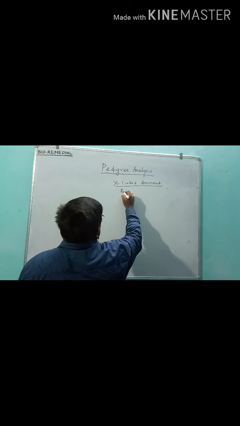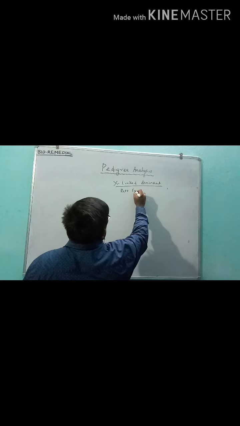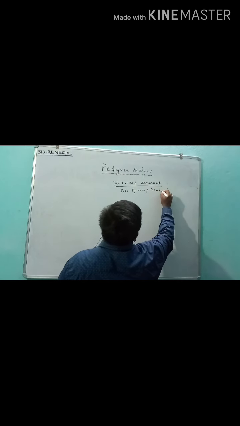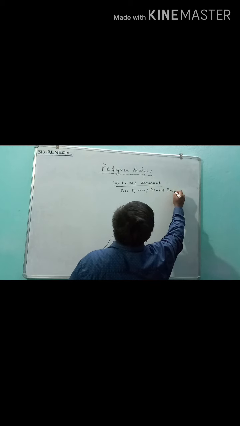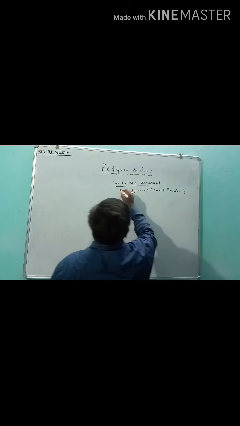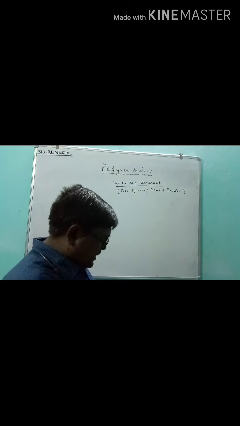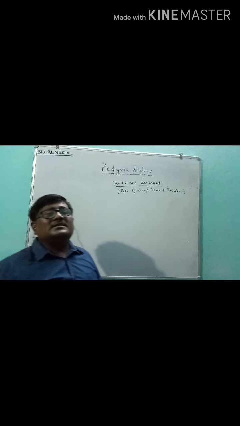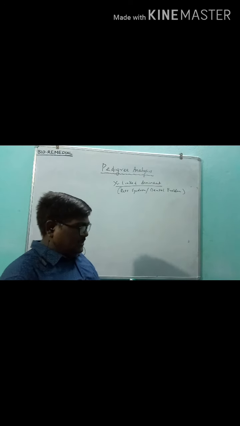Rett syndrome is one of the disorders. Sometimes dental problems or neurological problems also arise due to X-linked disorders. So how are X-linked dominant disorders transferred from generation to generation?